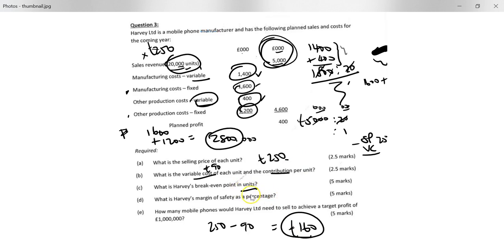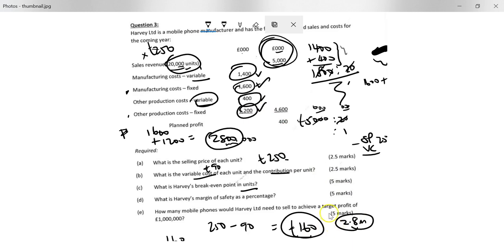Now the question says, what's the break even? And break even is, I'm trying to pay these fixed costs. So if I'm trying to pay my fixed cost, the question is, how many units do I need to sell to cover this 2.8 million? This 2.8 million came from fixed costs, this one and this one, right?